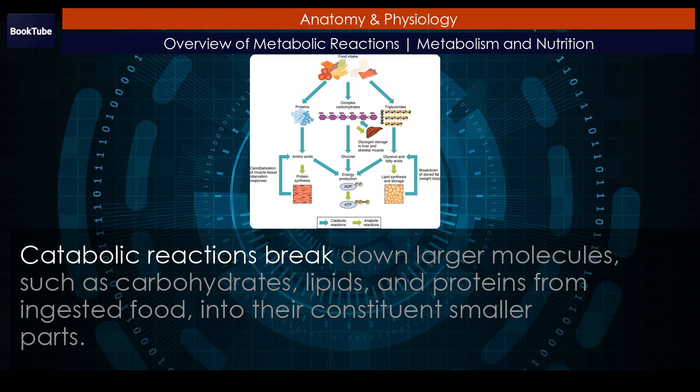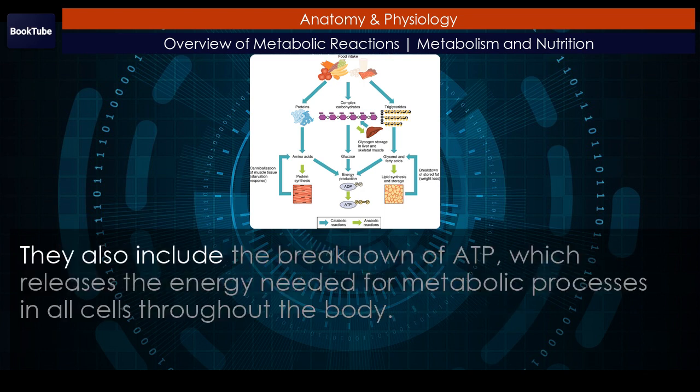Catabolic reactions break down larger molecules, such as carbohydrates, lipids, and proteins from ingested food, into their constituent smaller parts. They also include the breakdown of ATP, which releases the energy needed for metabolic processes in all cells throughout the body.